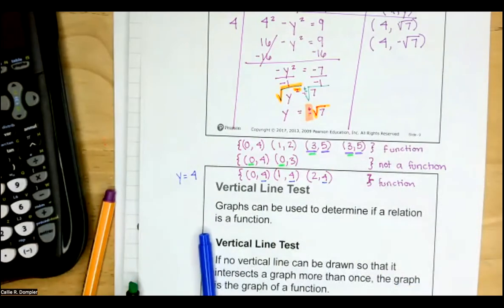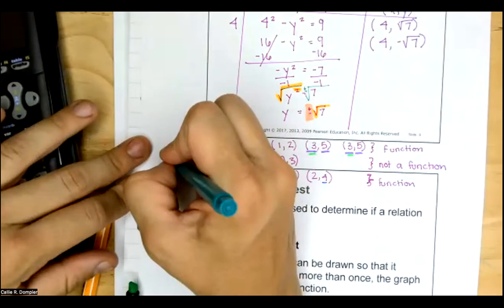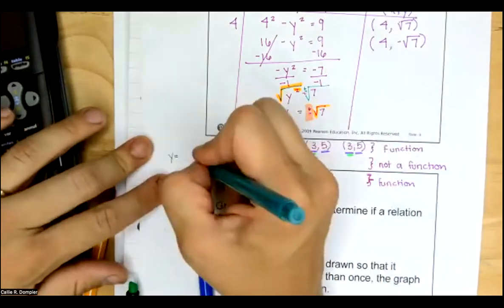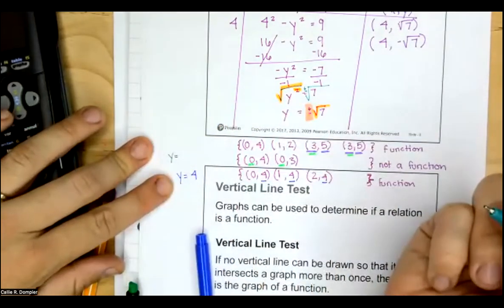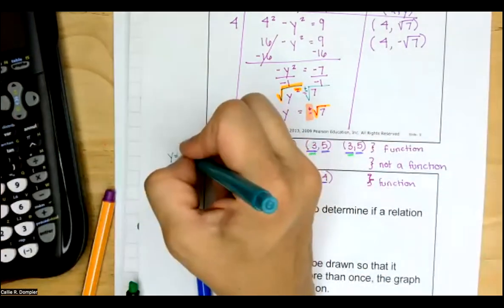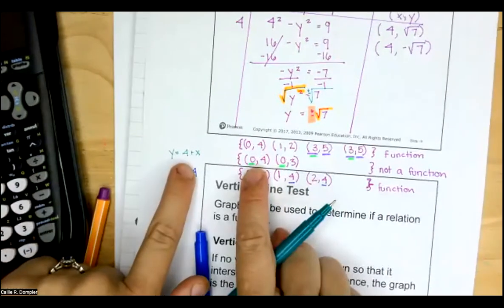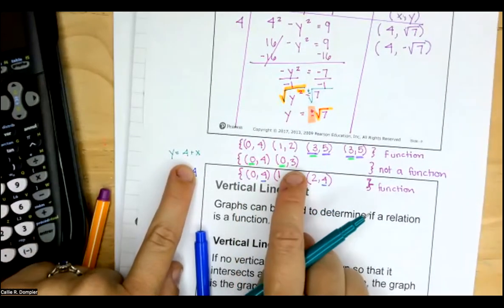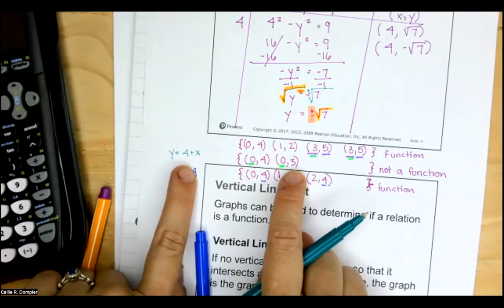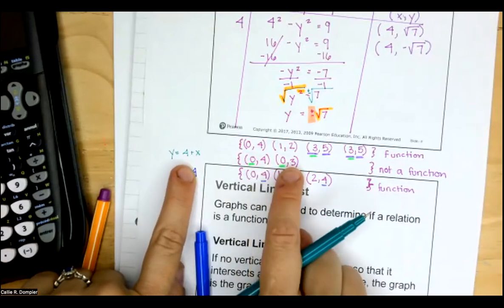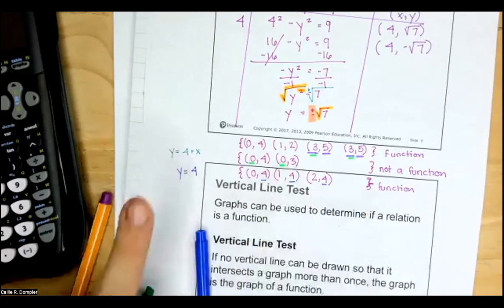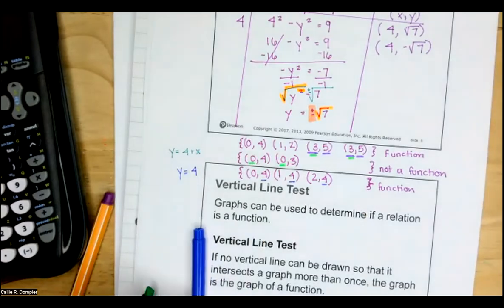But think about a linear equation where when I put in 0, this would have to be y equals 4 plus x, right? For this to be true, if I put in 0, I'll get 4. But that equation doesn't work for this set of numbers. So that is not a function. That's the difference.